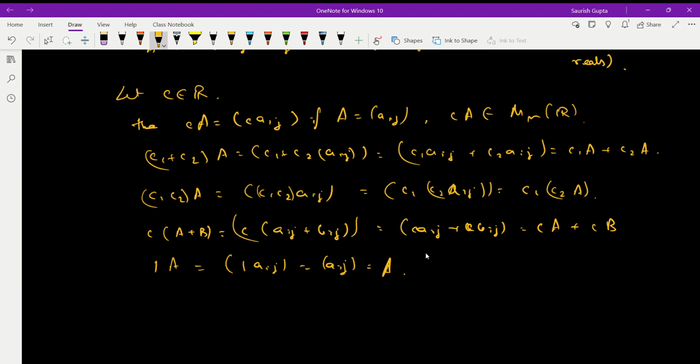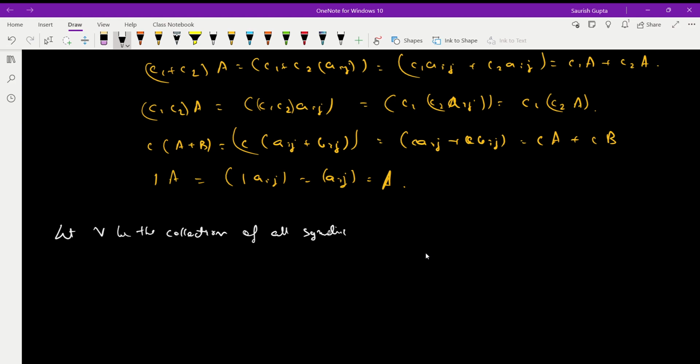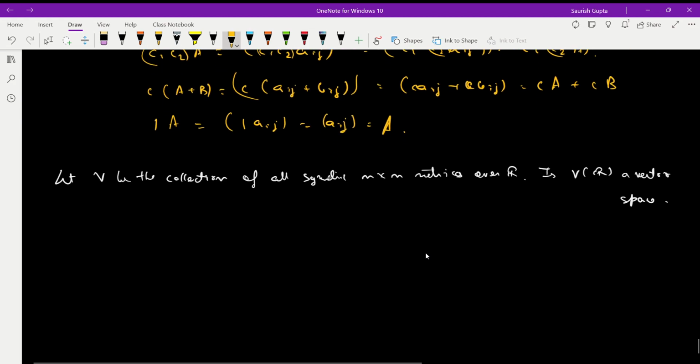One more thing, let us just check. Let V be the collection of all symmetric n cross n matrices over R. Is V over R a vector space?